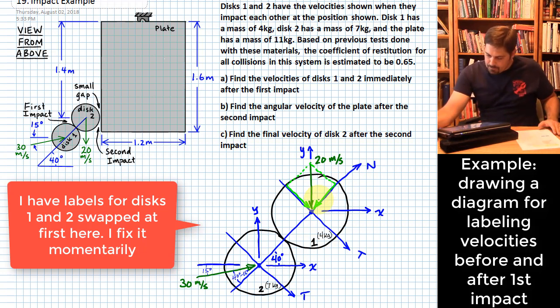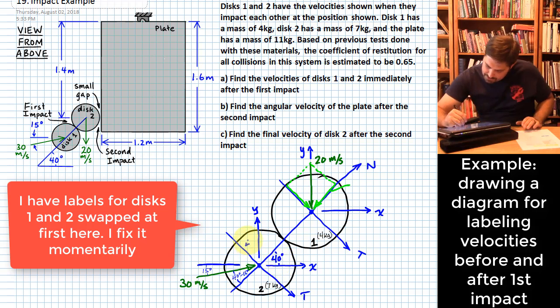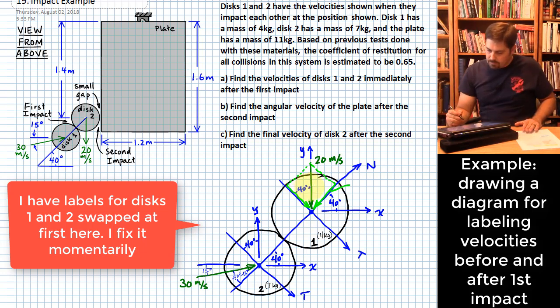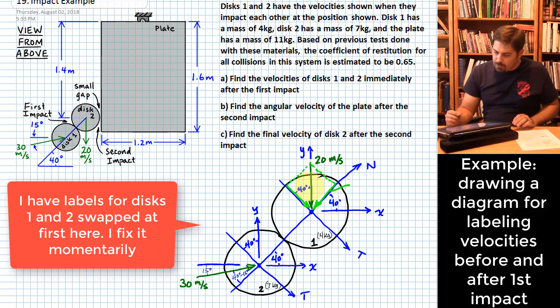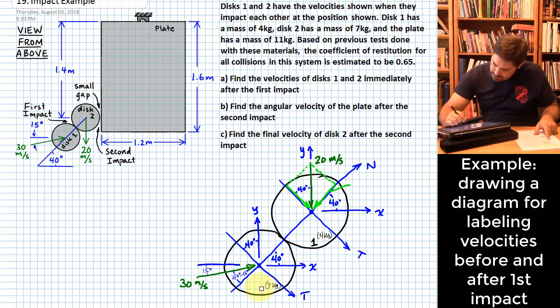When we look at those, this one here is going to be equal to what? We need to establish our angles. If this is a 40-degree angle, then this is a 40-degree angle, and this is a 40-degree angle right here, which means this is a 40-degree angle up here. I think maybe I mislabeled these.